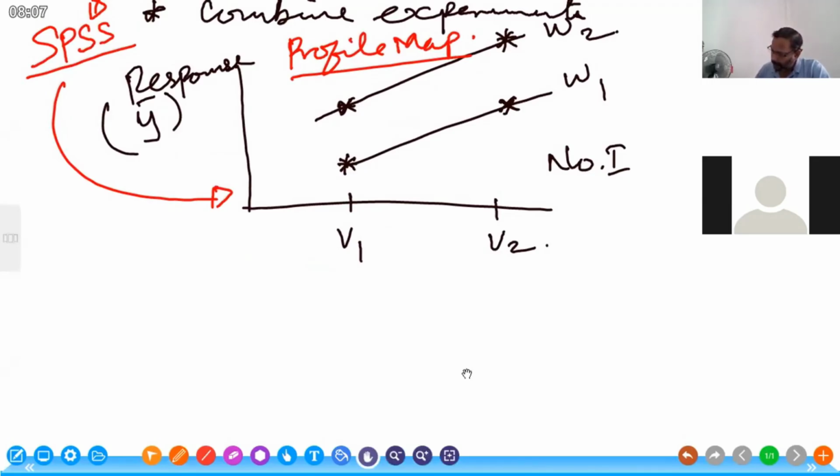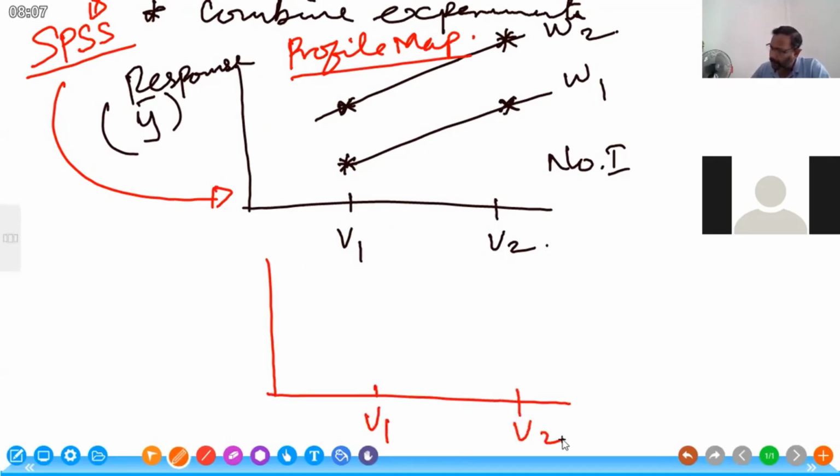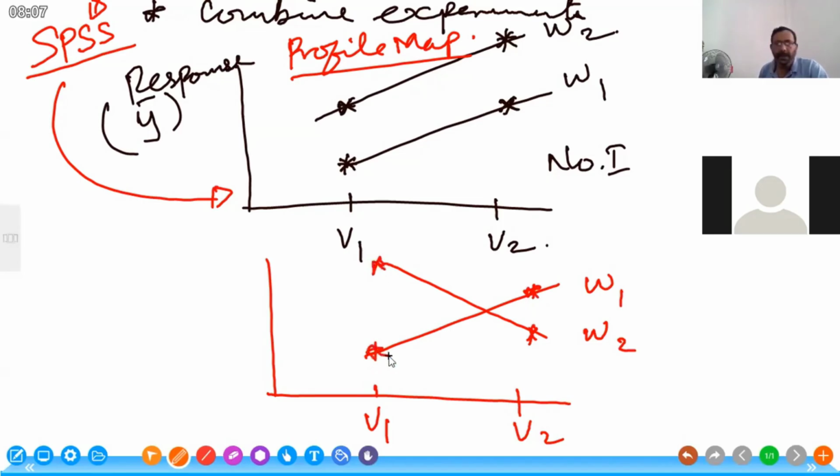Right. So that is the aspect of interaction. Suppose the response is different, let's say we have variety 1, variety 2. Here the responses are here. So what we could say is that for variety 1, W2 is the better option.